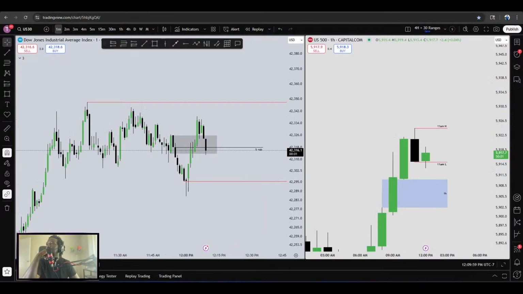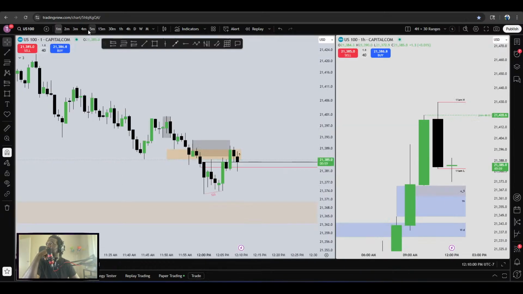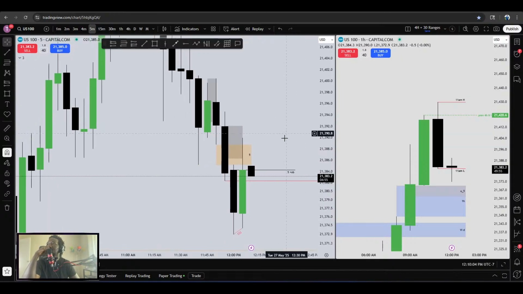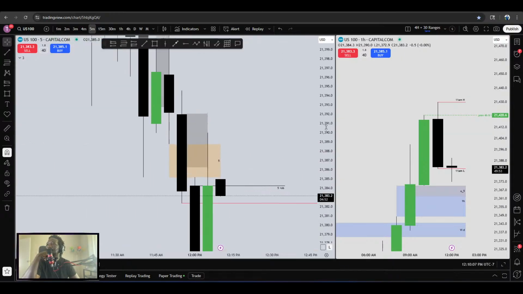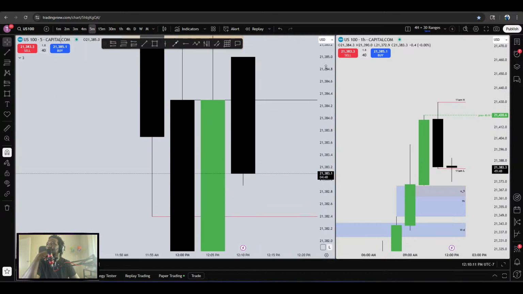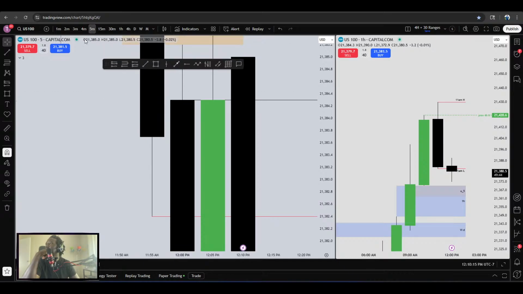All right, so have we confirmed that 5 minute order block? No, it's not confirmed, because that would be like a rejection block now. They are on the same level. What is that open price? That would be 21,384.3.